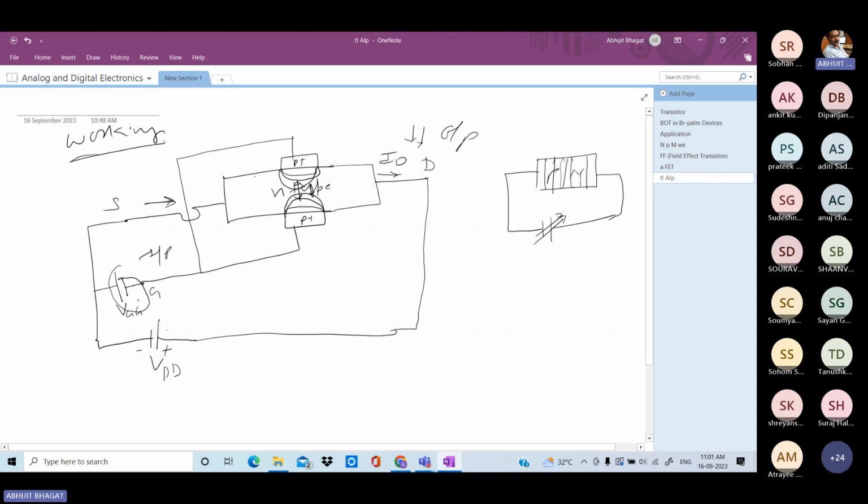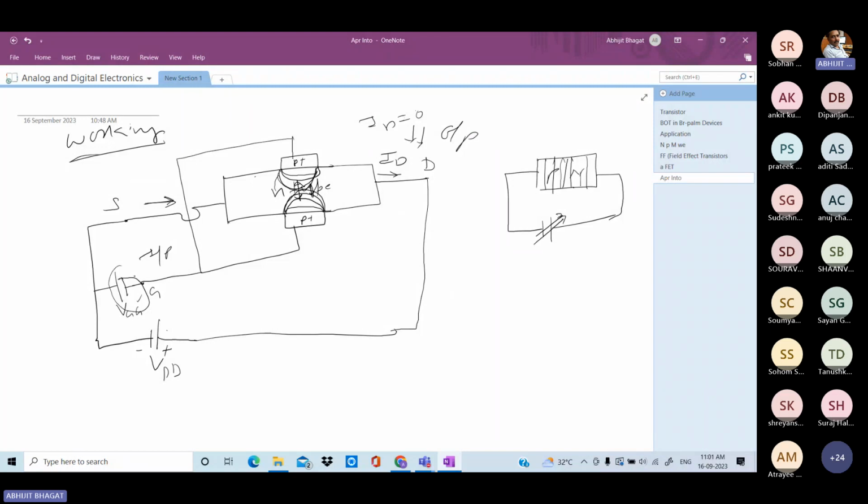Okay, if you again increase this VGG, this depletion is again increased, and maybe the whole path is blocked and current ID will be 0, no current is flowing. Okay, this full path is blocked by the depletion region and current is not flowing. It may be possible.